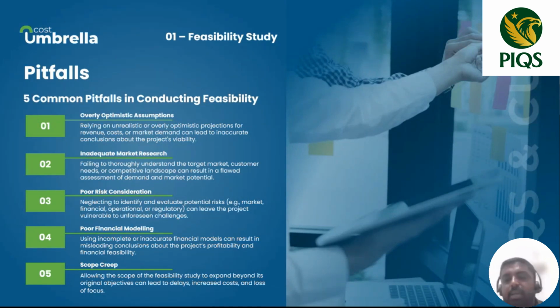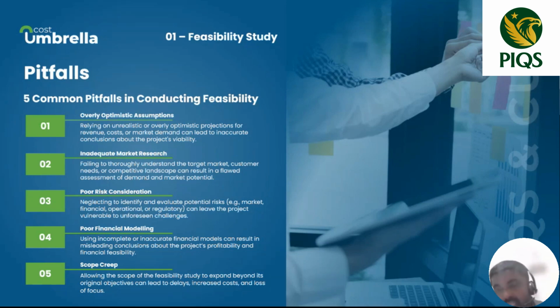This feasibility study is completely about analyzing the future, so your assumptions should be realistic and reliable. Also less market research, poor understanding of your risk components, poor financial modeling, and scope creep. These are the common pitfalls which prevent you from getting a reliable feasibility report.